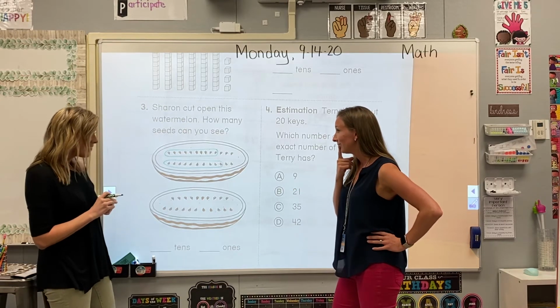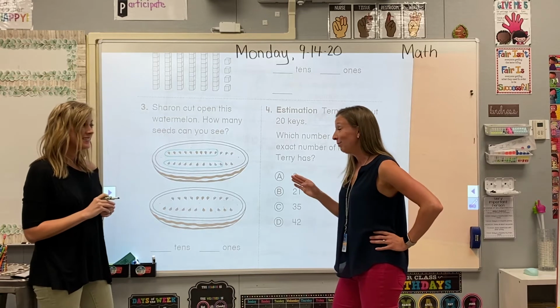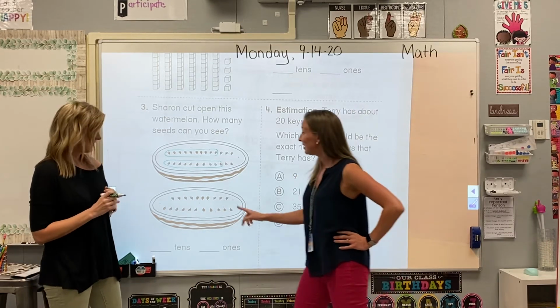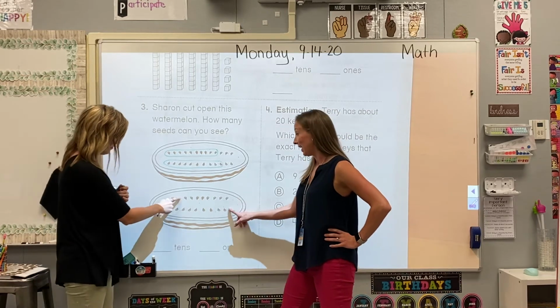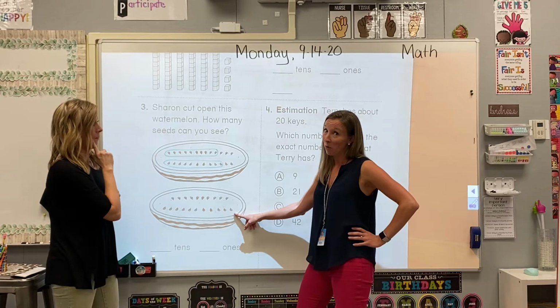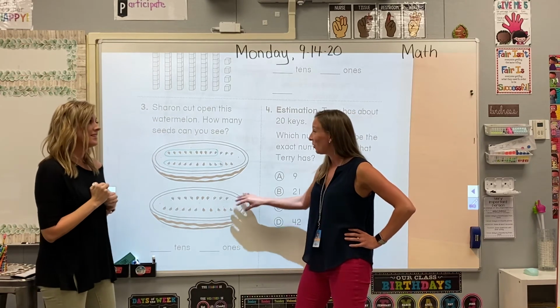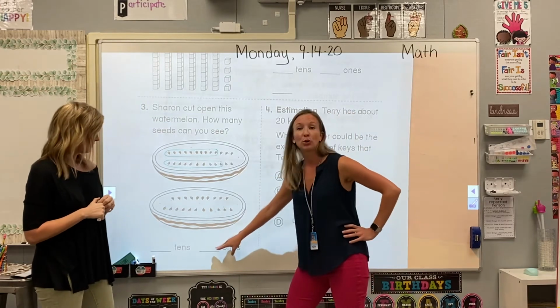I think they should be able to do this. I'll give them a little hint. You're going to need to make another group of 10 down here somewhere, and another group of 10 down here somewhere. But there's going to be leftover seeds that become your ones.